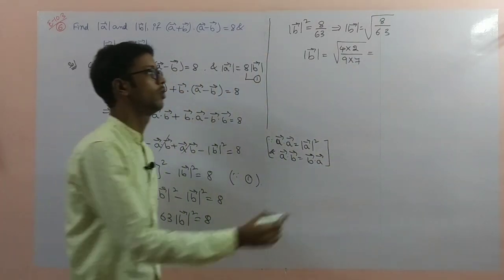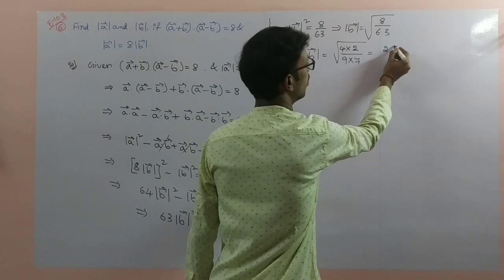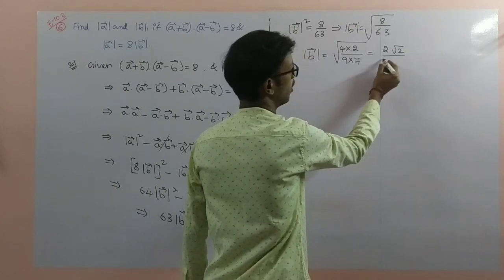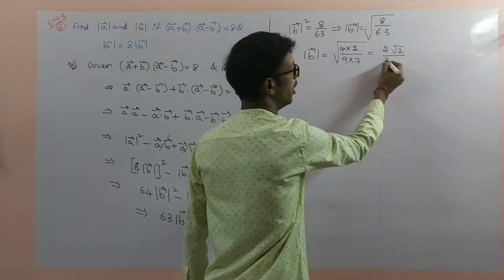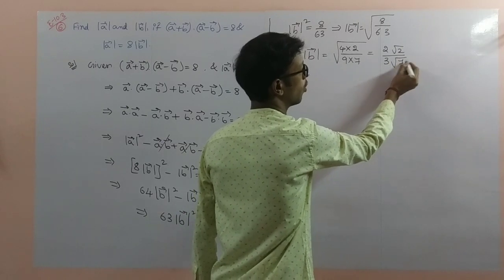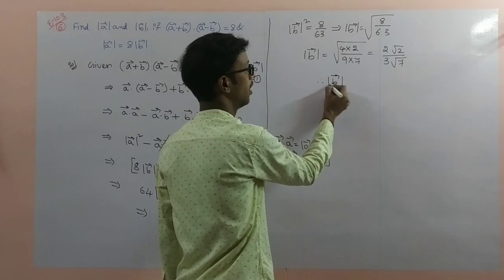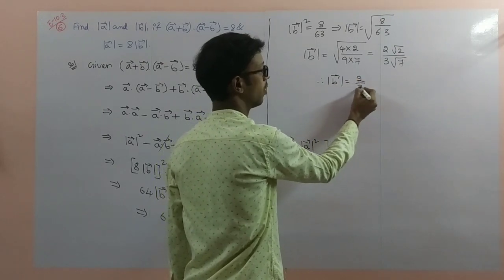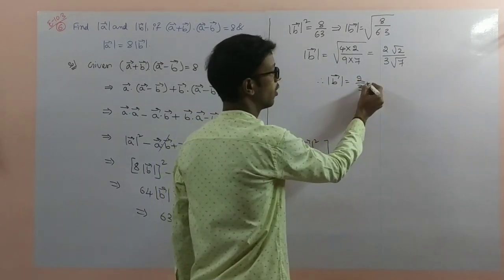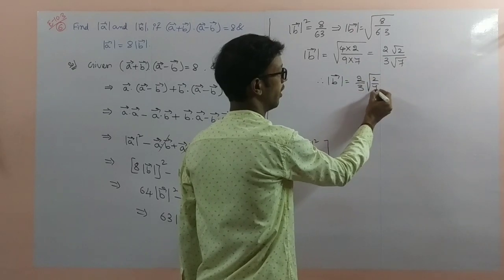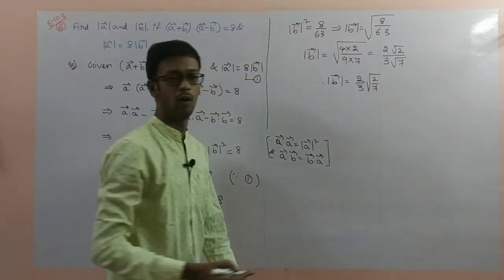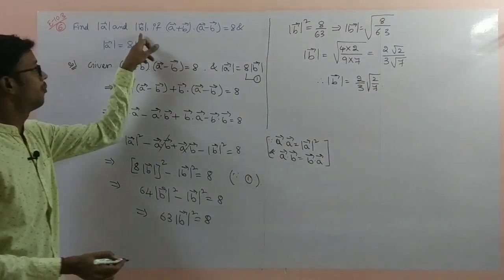Root 4 value is 2, root 2 by, root 9 value is 3 by root 7. Therefore, magnitude of B bar equal to 2 by 3 square root of 2 by 7, we can write. Now, magnitude of B bar is completed.